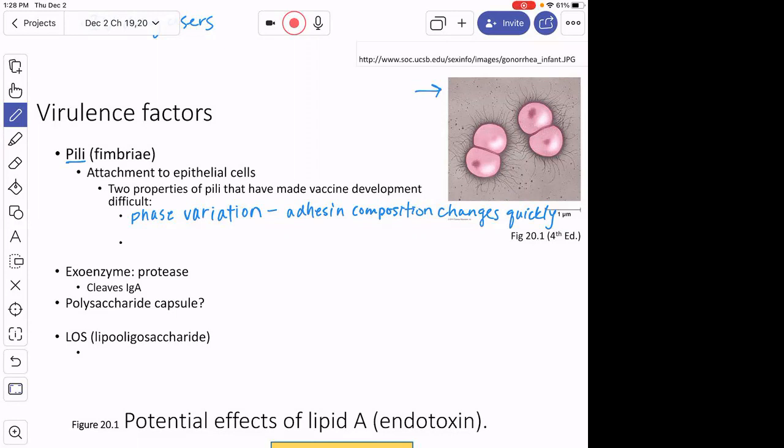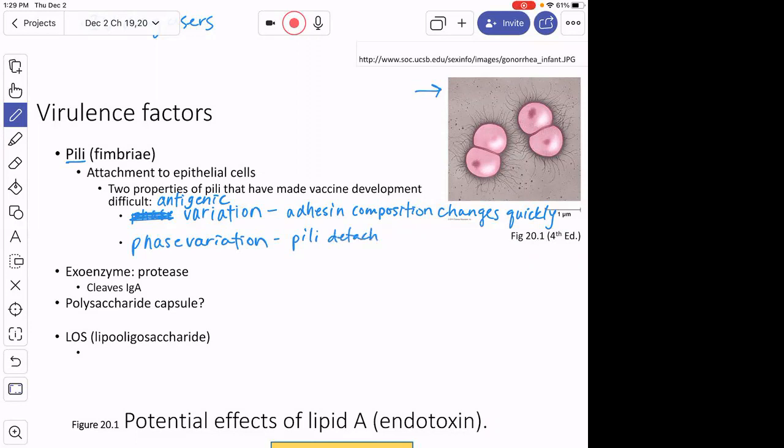So it changes quickly. As soon as we get antibodies made, they're not good anymore. It has to make new ones to try to keep up. In addition to that, they can also, I knew I was saying this wrong, that's antigenic variation. Got goofed up there. Phase variation. That's when the organism can actually detach the pili.